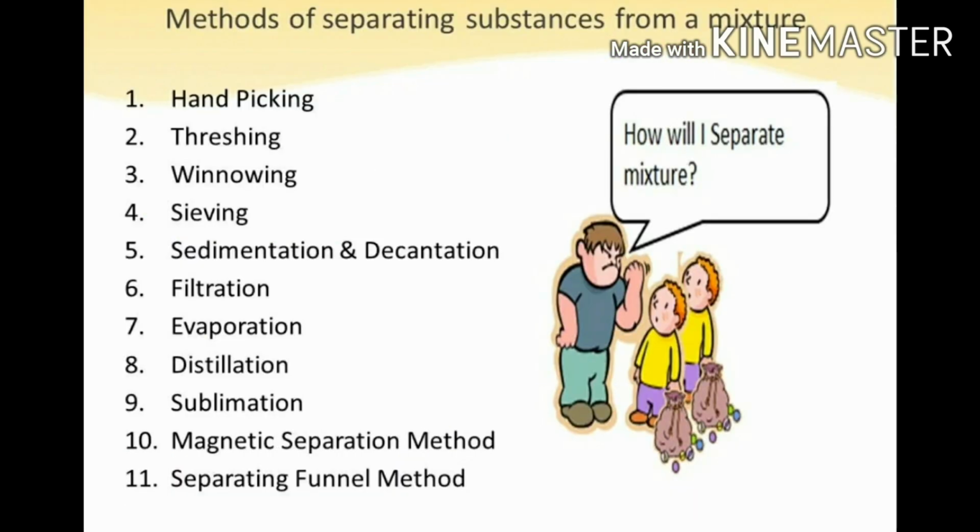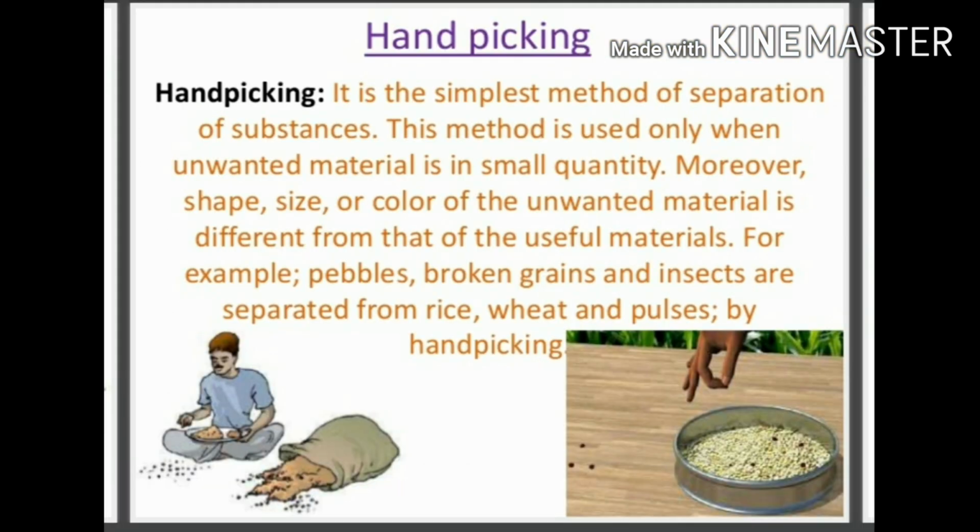Now children, let us study about various methods of separating substances from its mixture. There are so many methods which you are already familiar with, right? We are already using it in our daily life, and we use it to get the useful substances and remove harmful substances. And one of the very familiar ones is hand picking.